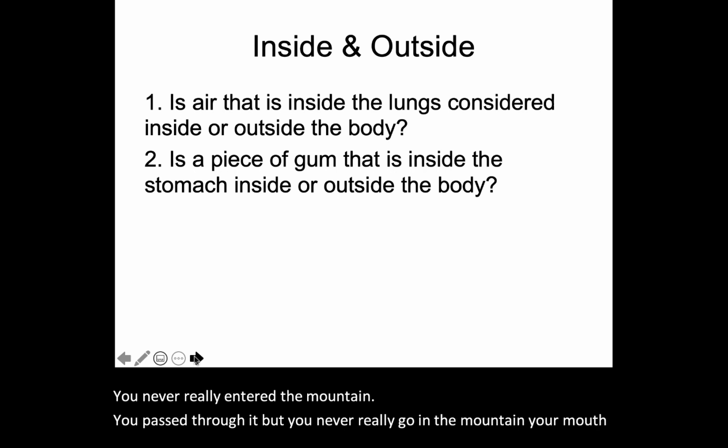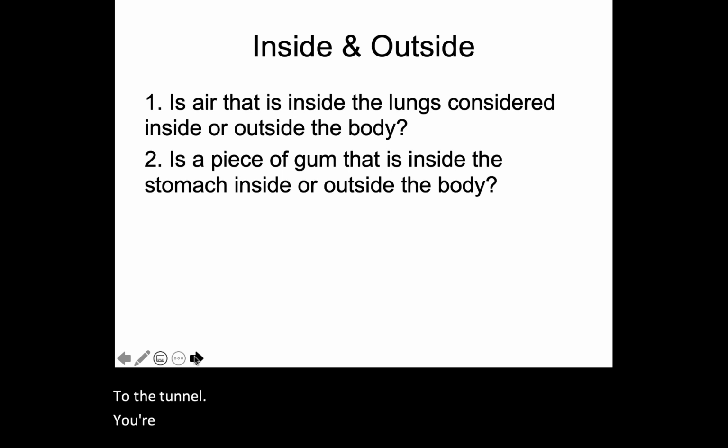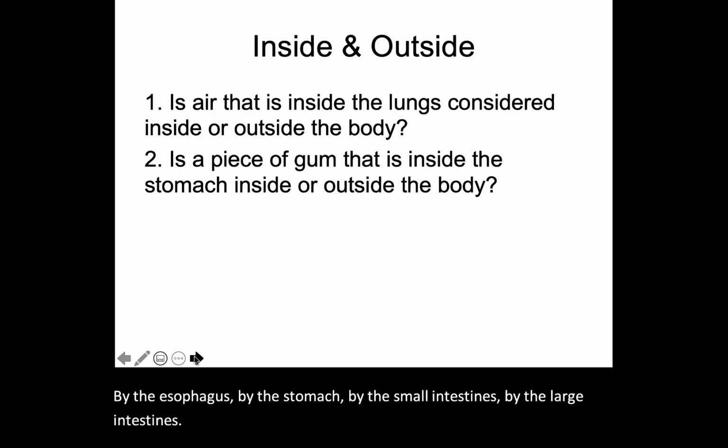Right? Your mouth is the entrance to the tunnel. Your anus, your rectum, is the exit to the tunnel. And the two are directly connected by the esophagus, by the stomach, by the small intestines, by the large intestines.